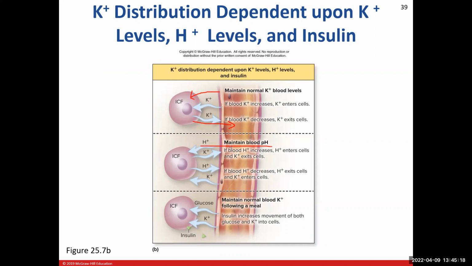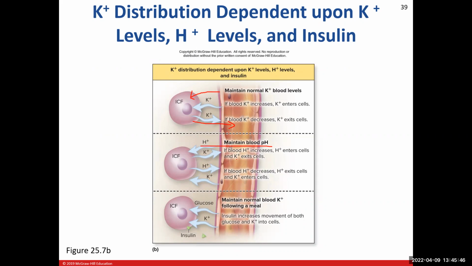In doing so, we're removing a cation, a positively charged ion, and we want to maintain that electrochemical gradient in circulation. So how do we do that? Well, we're going to swap out a cation for another cation, and we get that cation from the cells. So as hydrogen ions move into our cells, potassium ions will exit out of the cells, and vice versa.